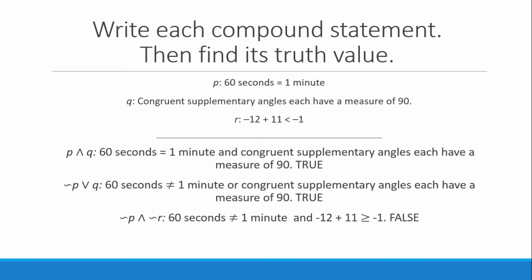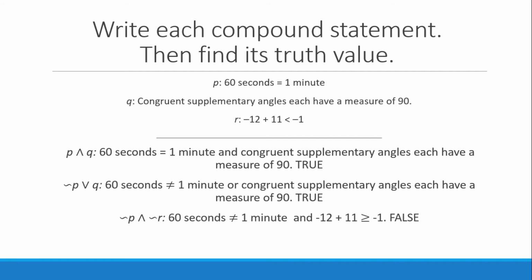Not P, or Q: 60 seconds does not equal a minute, or congruent supplemental angles each have a measure of 90. If one of those statements is true, we still have a true statement. Which one is true? Q is true in this case, right?